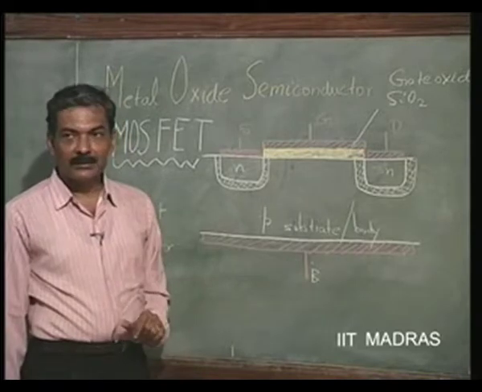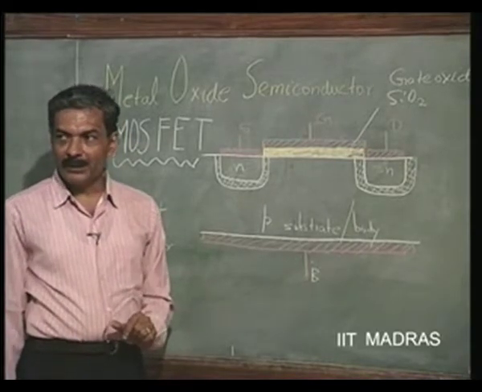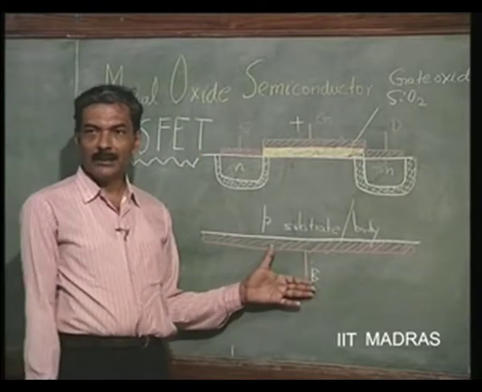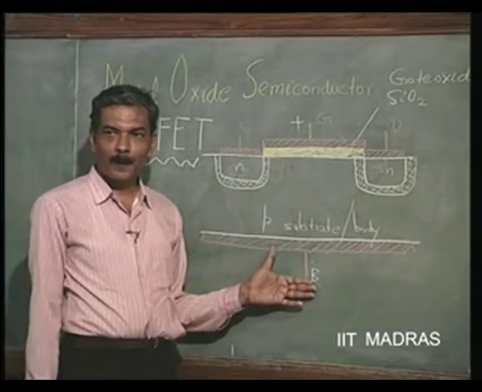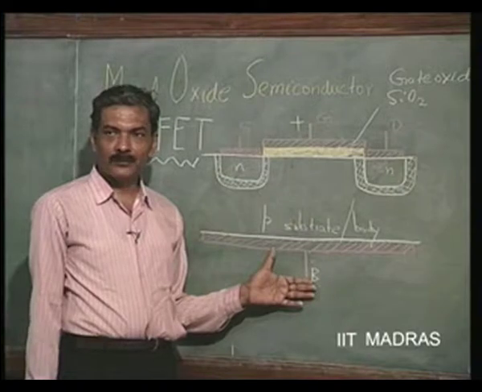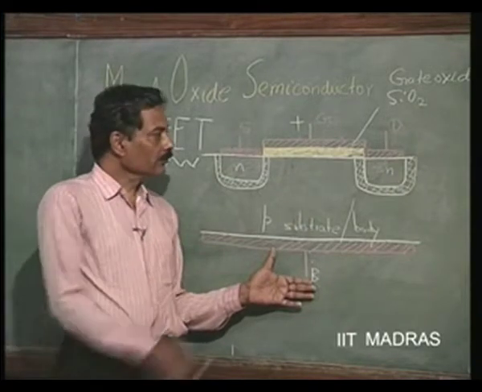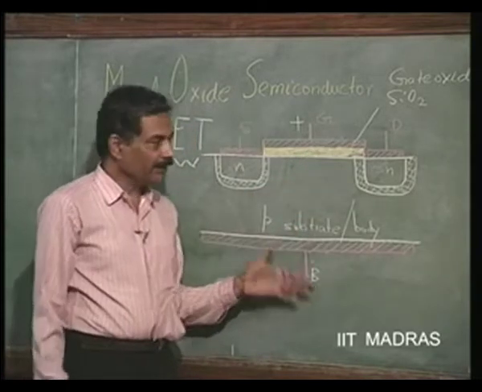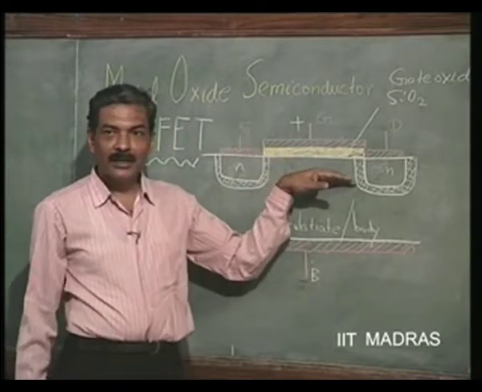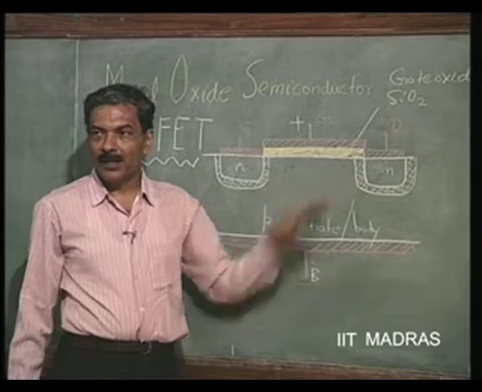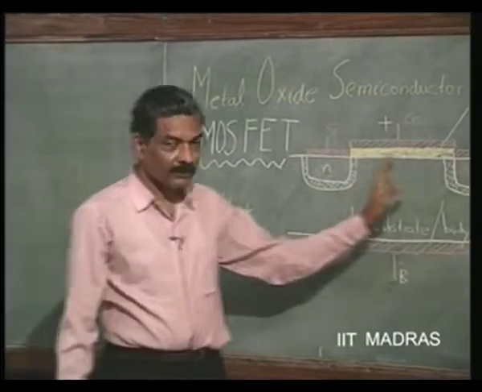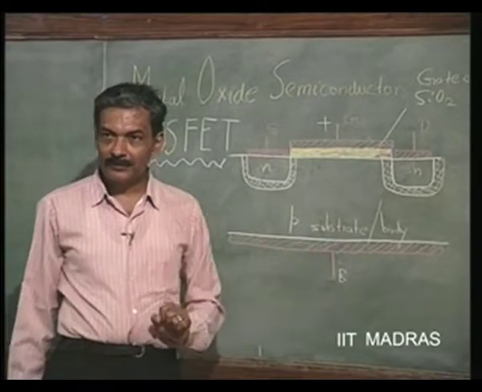If I now apply a voltage which is positive with respect to the bulk, there will be positive charge all over this, corresponding to which it has to induce negative charge on the surface. How does the negative charge get induced? After all, this entire thing was space charge neutral.